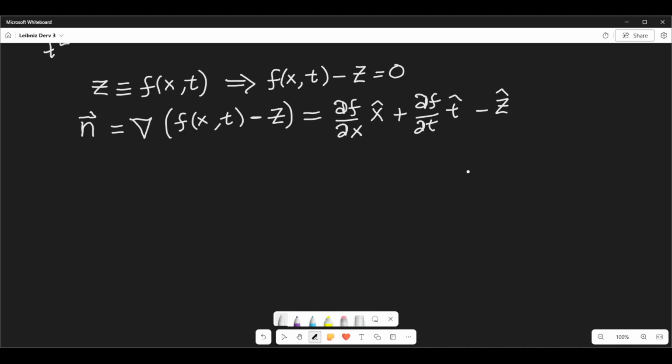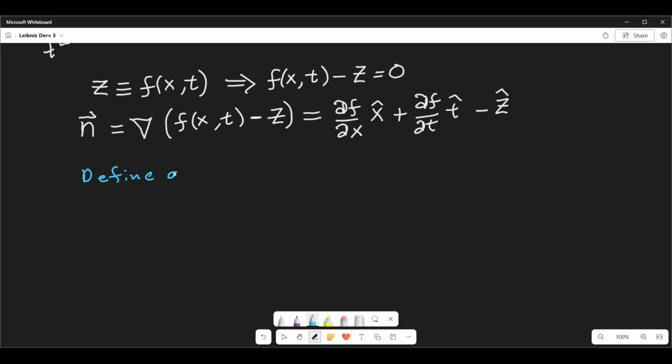And in order to do this computation to get the equation of the plane, there needs to be one other vector. So this is going to be, by definition, this vector that originates at the point x prime, t prime, effectively z prime.